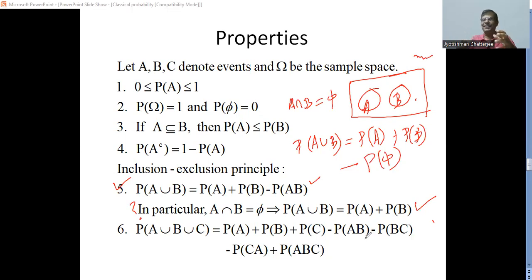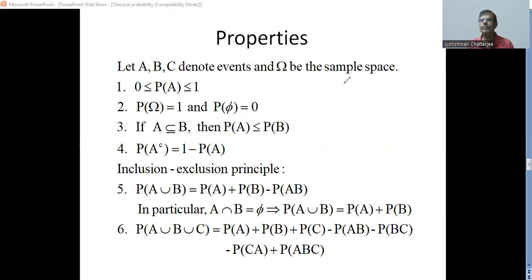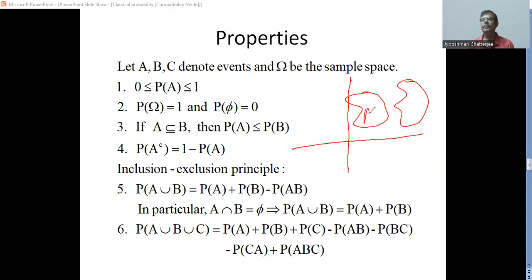Look at this. This is an interesting thing, and this will help your intuition also. Let me remove this diagram. Suppose you are measuring some area. Suppose this is area A and this is area B and they are non-overlapping.